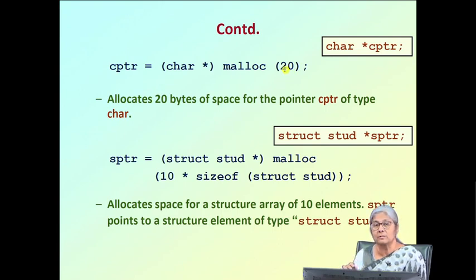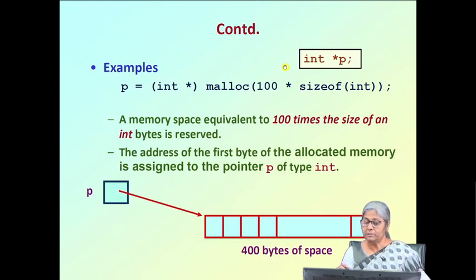So, this is a fixed value, that we can also do. In the earlier example we gave 100 into sizeof(int), and we were calculating how many bytes. Here 100 can also change, but size of int is fixed for a fixed compiler.